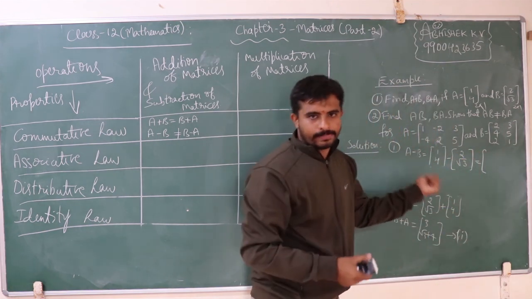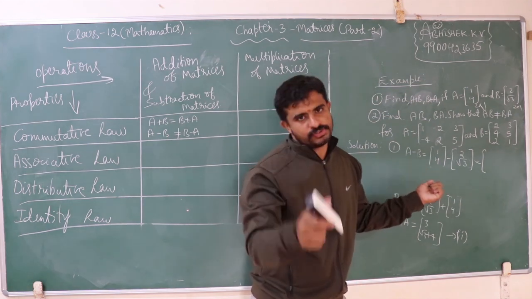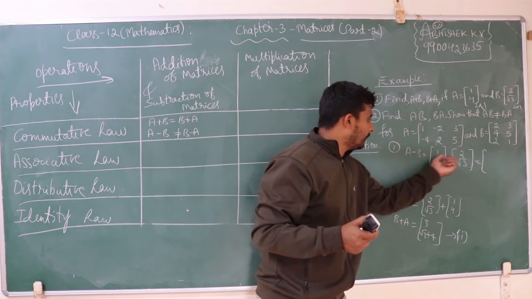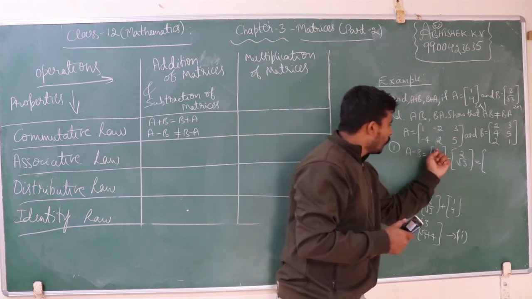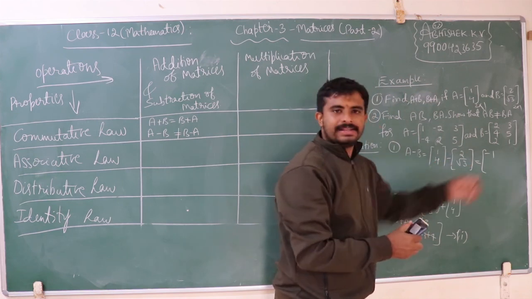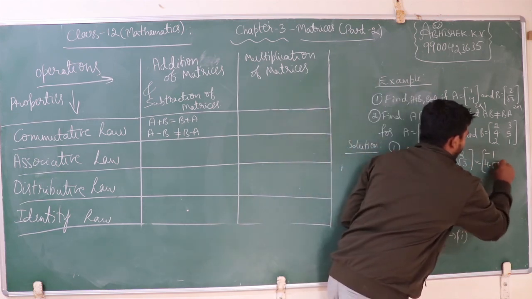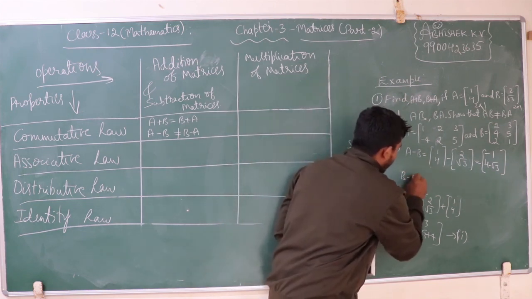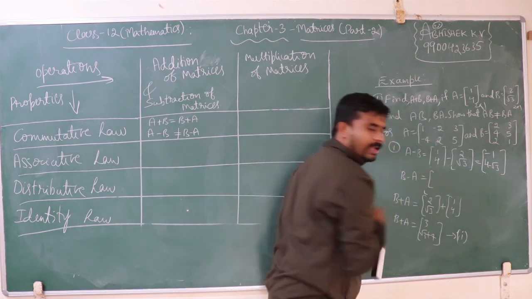Same procedure for subtraction also. Both matrices should have the same order, and subtract from this to this. 1 minus 2 is minus 1, 4 minus root 3. This is equal to 4 minus root 3. Then what about B minus A?